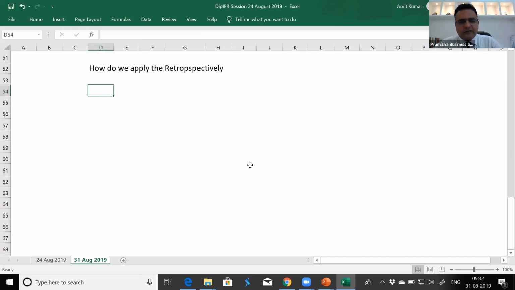Suppose we are in business, I'm just assuming we are in business from 2015, and we have inventories which were recorded at FIFO, and now we wish to record them at weighted average.